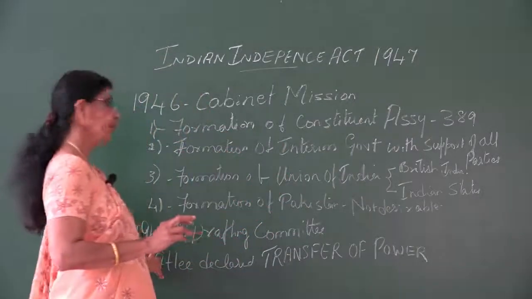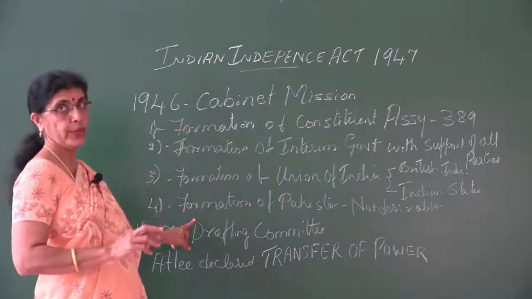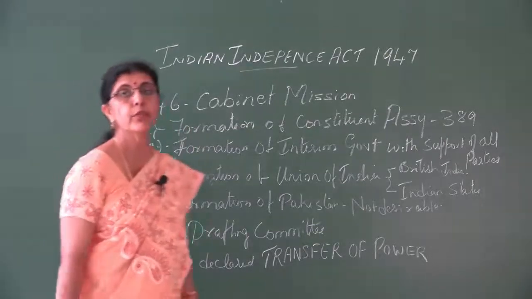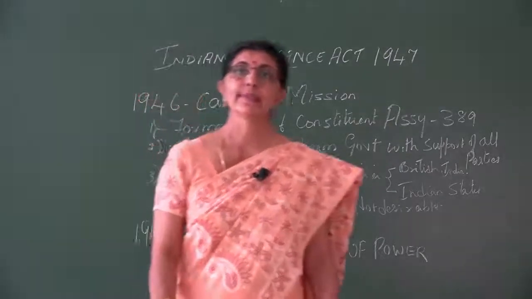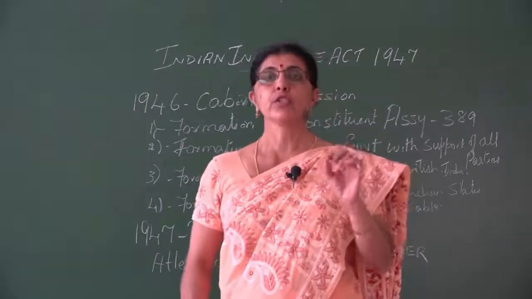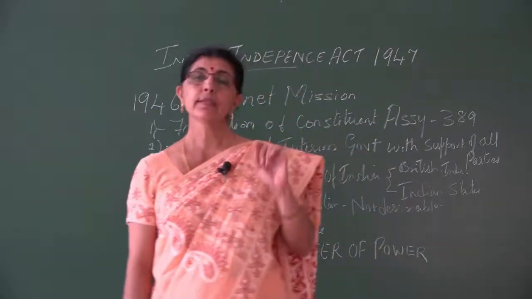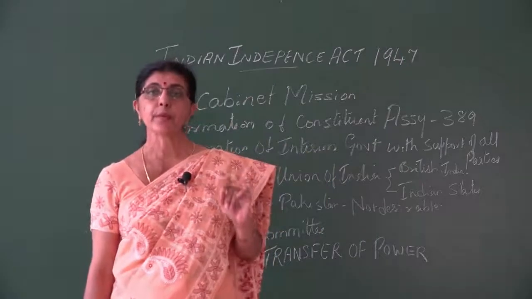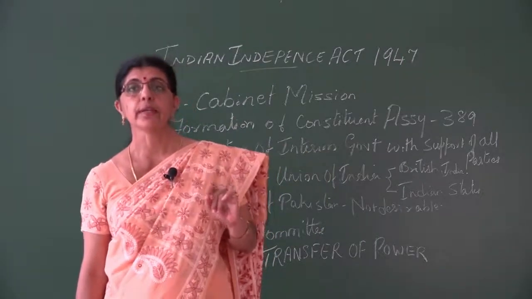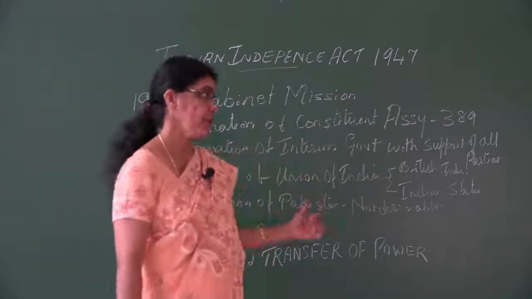When these suggestions were made, it was in 1947 that they suggested that there shall be a constituent assembly. And this constituent assembly will be headed by Dr. Rajendra Prasad as the president.